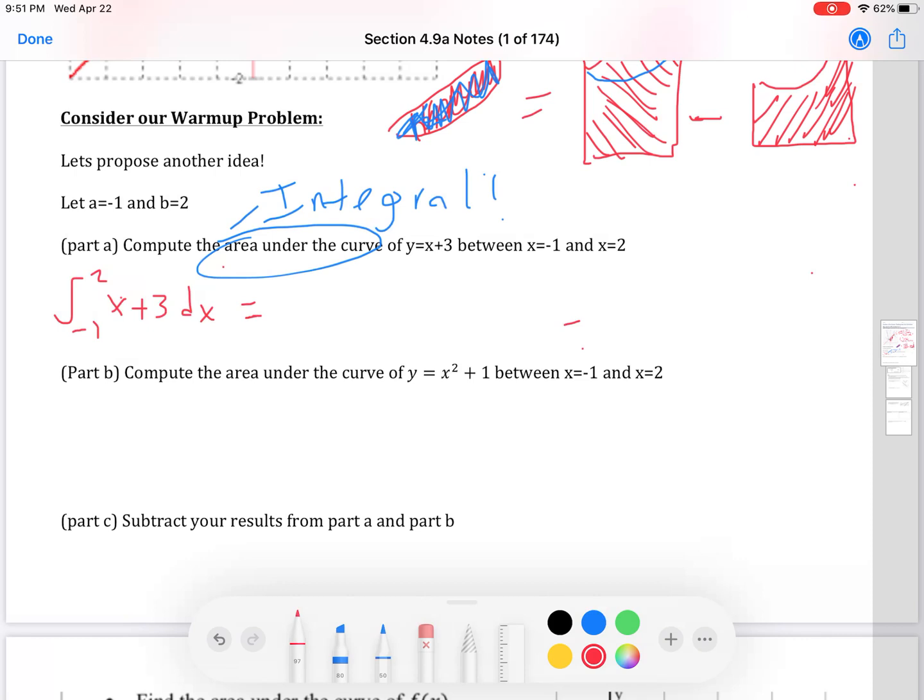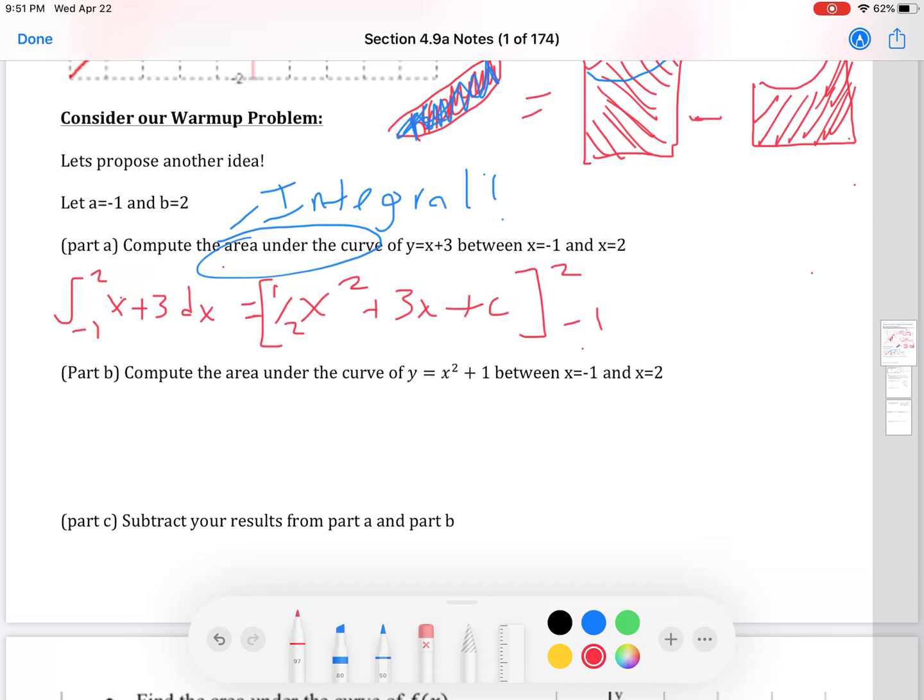It's a pretty straightforward antiderivative: x squared over 2 plus 3x plus c, evaluated from -1 to 2.